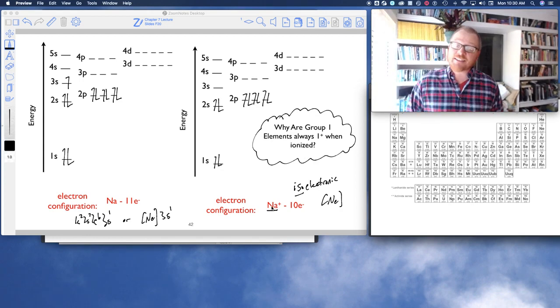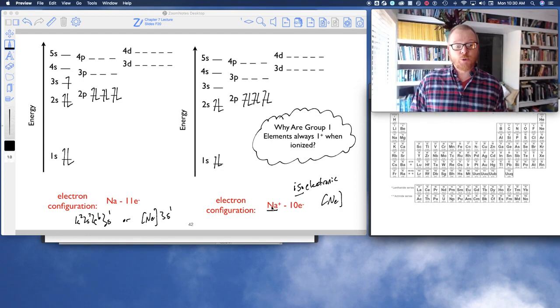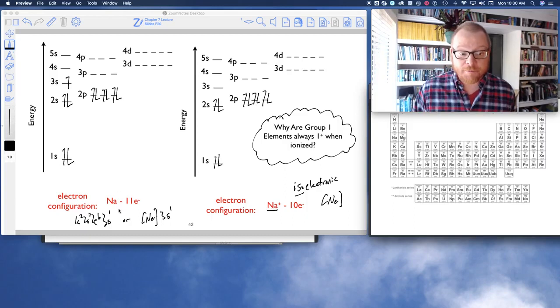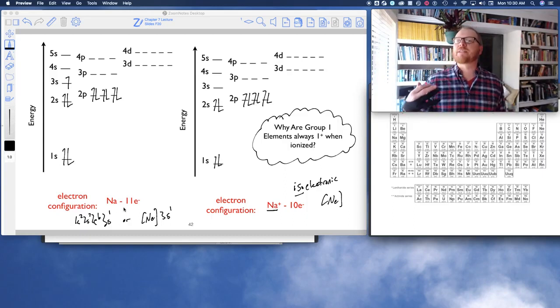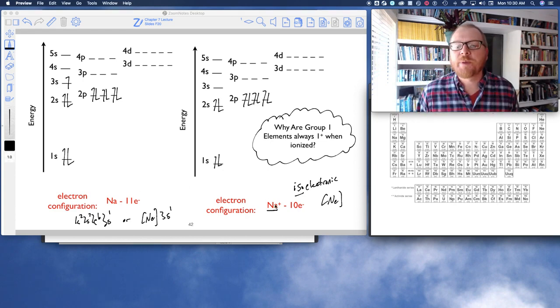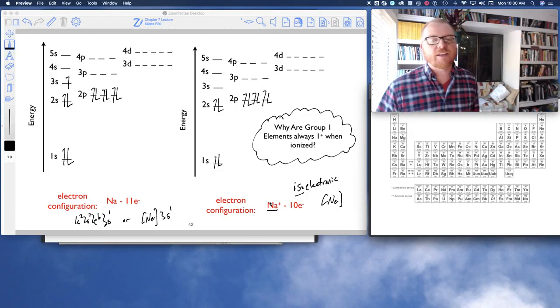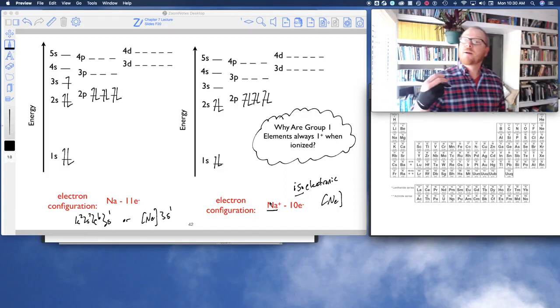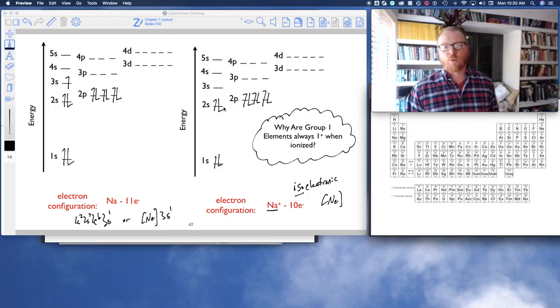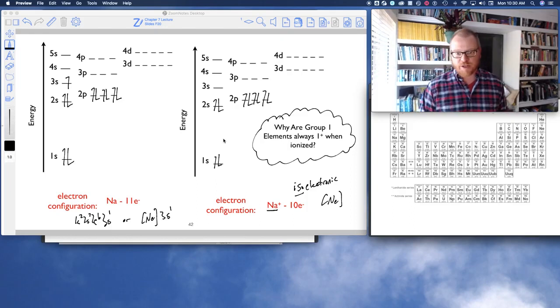And if I relate this to our discussion of potential energy, right? Go back to the thermodynamics. Sodium as a metal has a ton of potential energy to become sodium plus. It really, really wants to become sodium plus because it will have the stable electron configuration of neon.